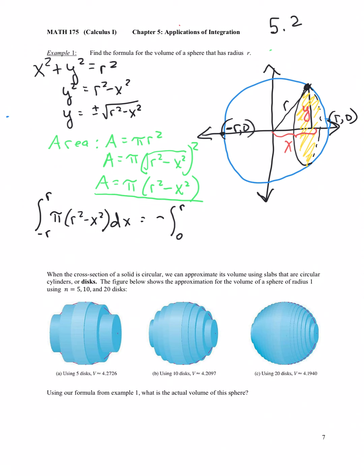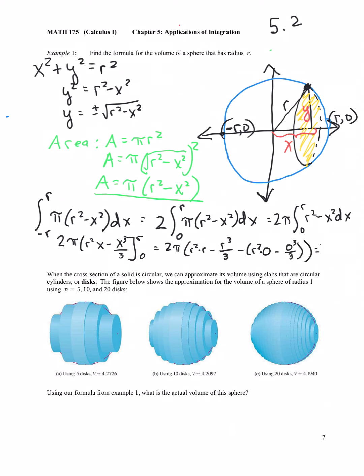I don't think I showed you this, but I'm going to change my boundaries from 0 to r, and just to make this a touch easier, I am going to write my integral like that. I'm going to pull out my pi, which is a constant, and then I'm going to go ahead and integrate. Then I'm going to go ahead and plug in my boundaries.